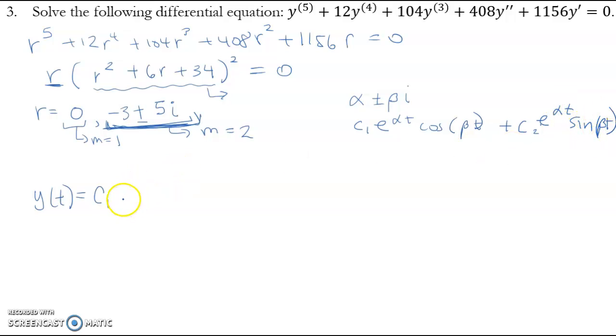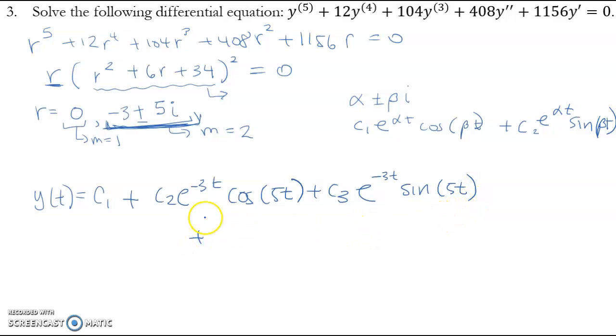So we're going to take on that form, and this will be plus c2 e to the power of -3t cosine of 5t plus c3 e to the power of -3t sine of 5t.